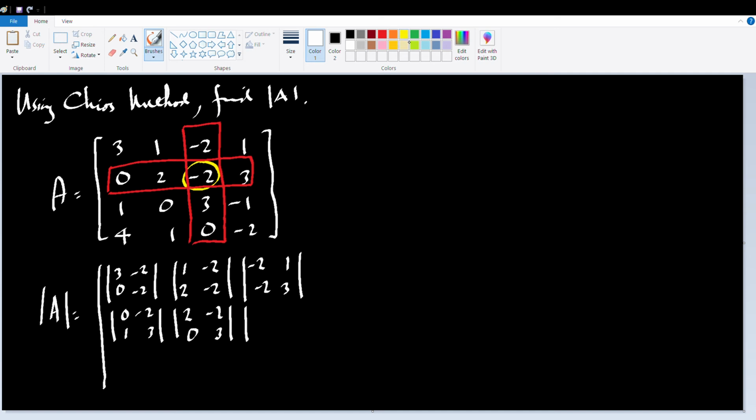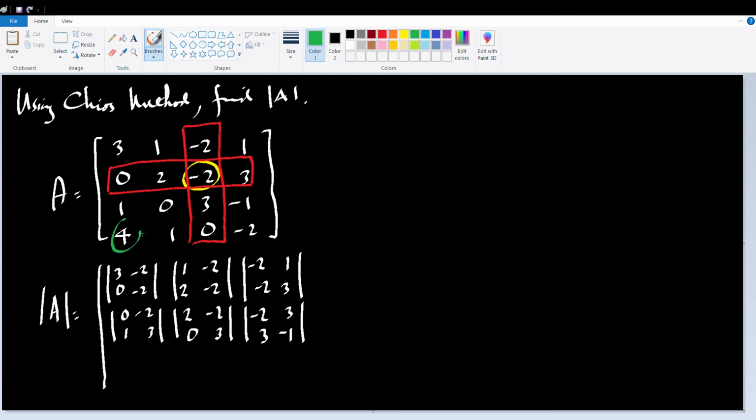And negative 1, negative 2, 3, and 3. Negative 2, 3, 3, negative 1.